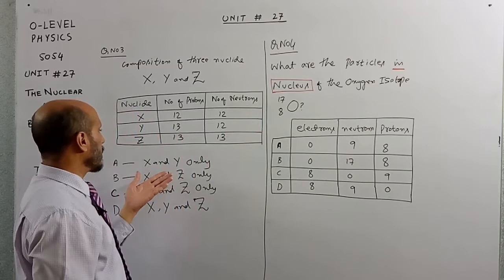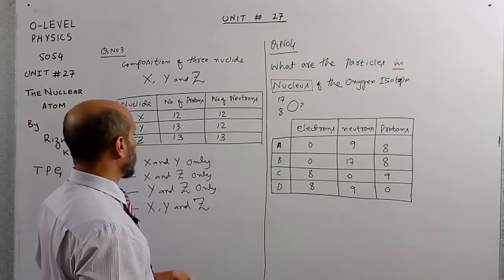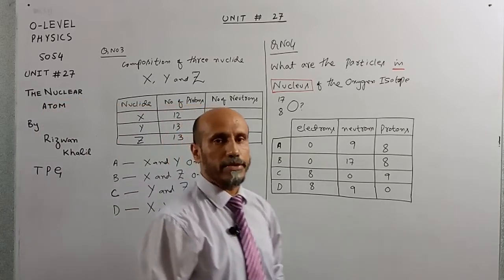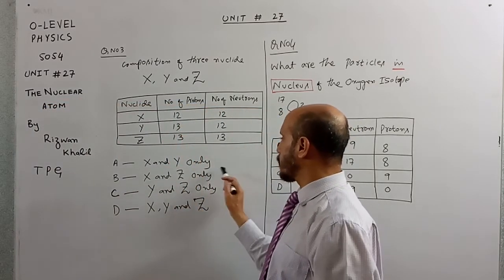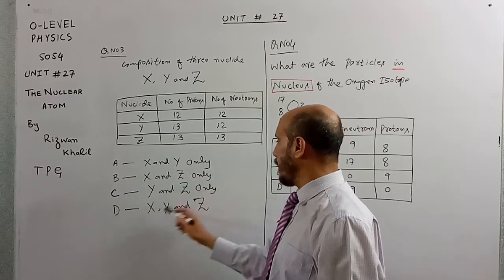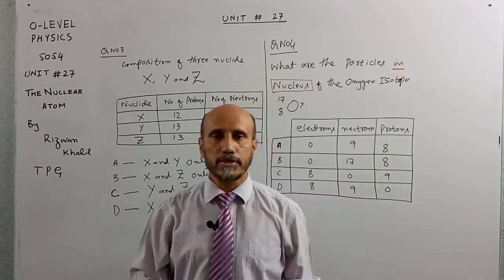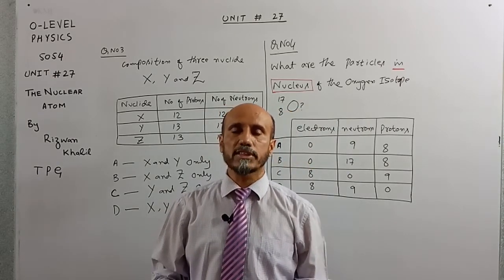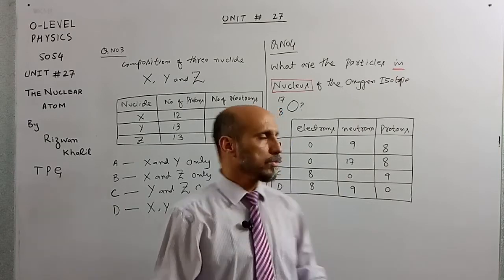And it is asked that which nuclides or which row represents the isotope of that nuclide. Option A, X and Y only, X and Z only, Y and Z only, X, Y and Z. So what was the definition of isotope? Number of elements having same number of protons but having different number of neutrons.